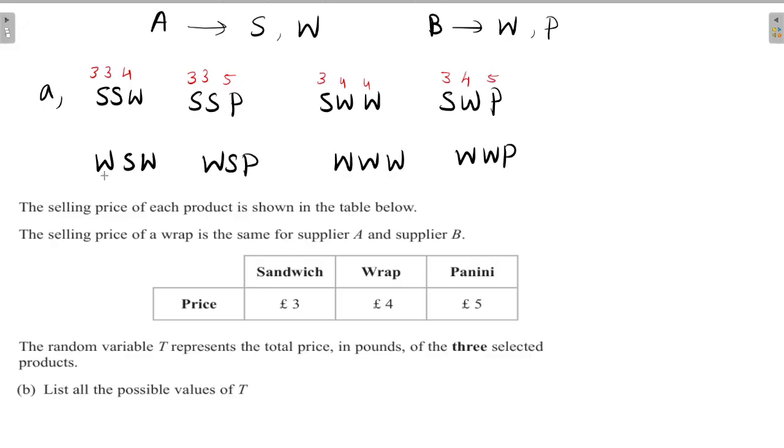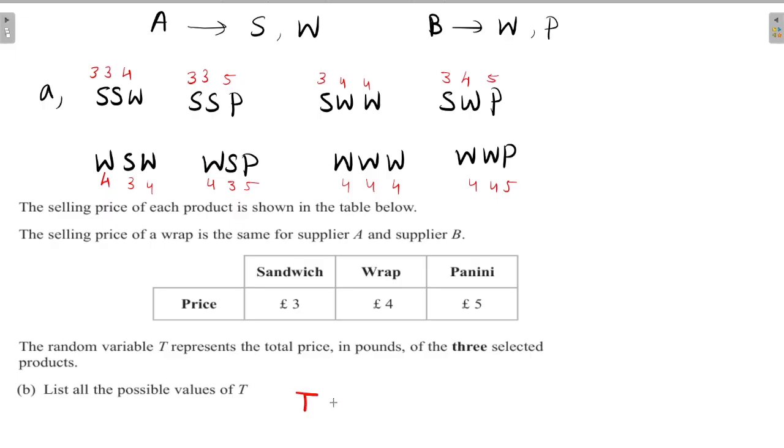This is 4, 3, 4. This is 4, 3, 5. This is 4, 4, 4. This is 4, 4, 5. Okay. So now, list all the possible values of T.